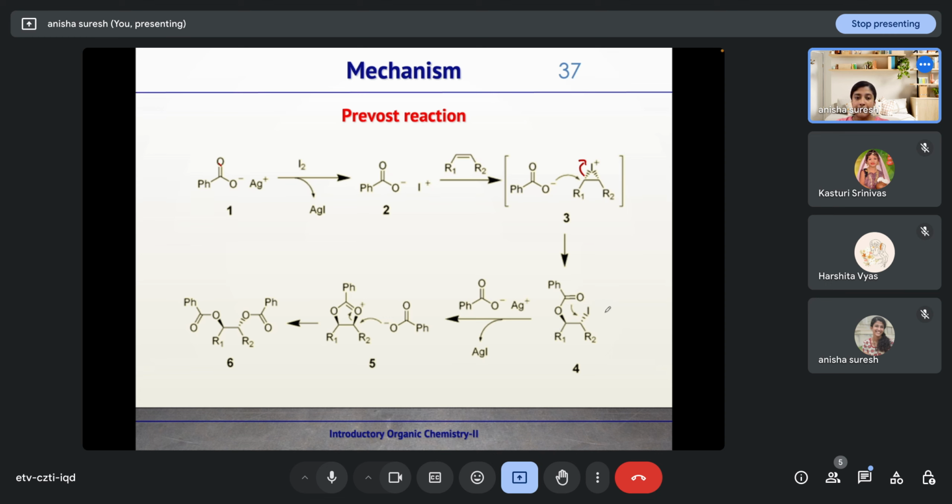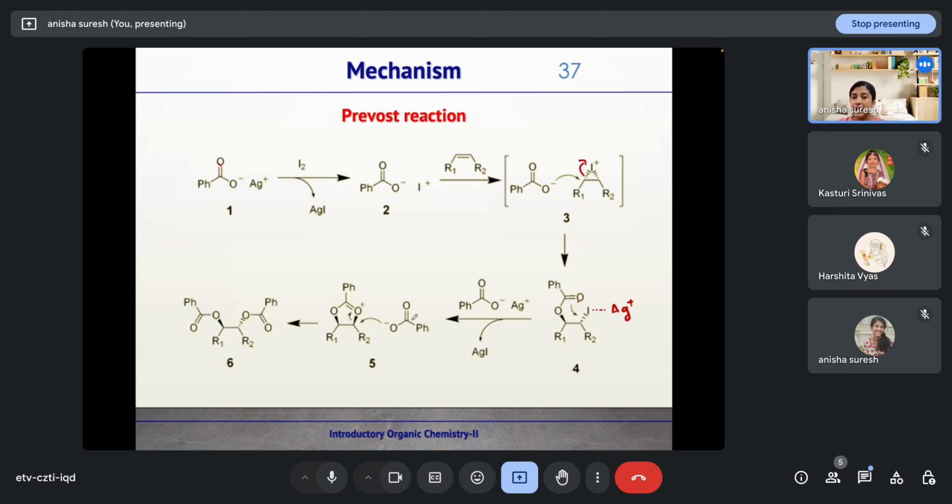Now this iodine can coordinate with Ag plus, so this bond will be a little labile. So this oxygen can attack at this position and AgI will get removed, leading to formation of this intermediate 5.